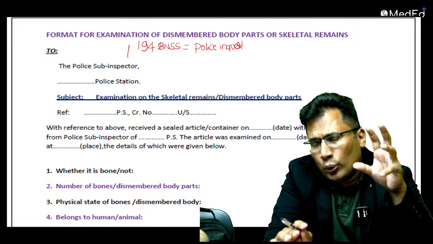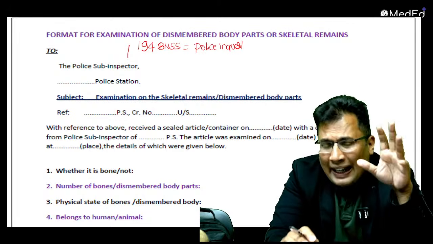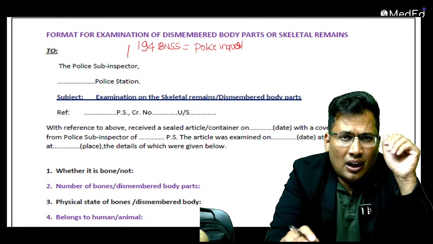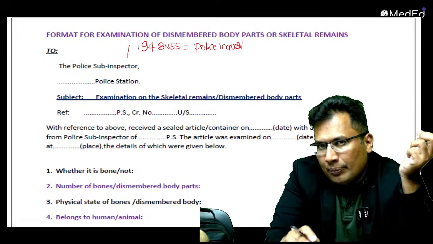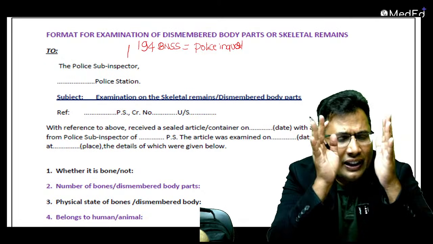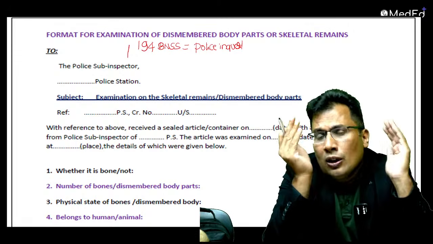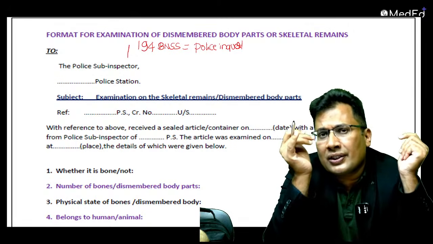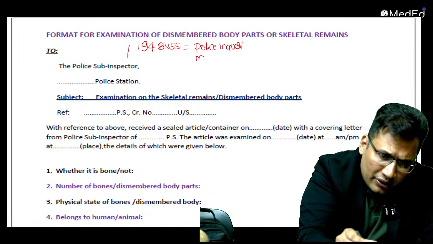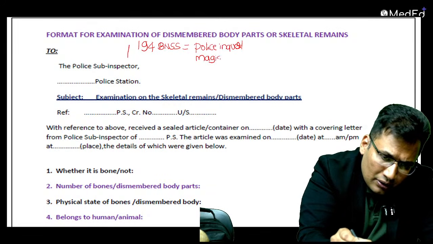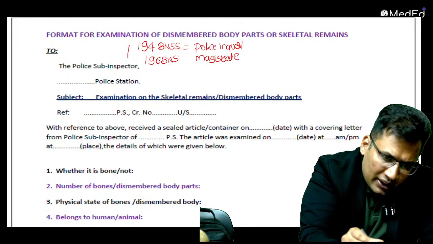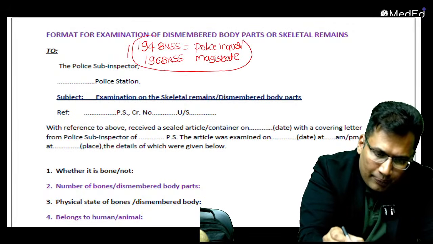Inquest means inquiry towards the cause of death, manner of death, or sometimes to identify the place of crime, time since death. So the inquest can be of different types: police inquest, magistrate inquest, and all. Police inquest 194 BNSS, magistrate inquest 196. So this can be 3 marks question in exam.